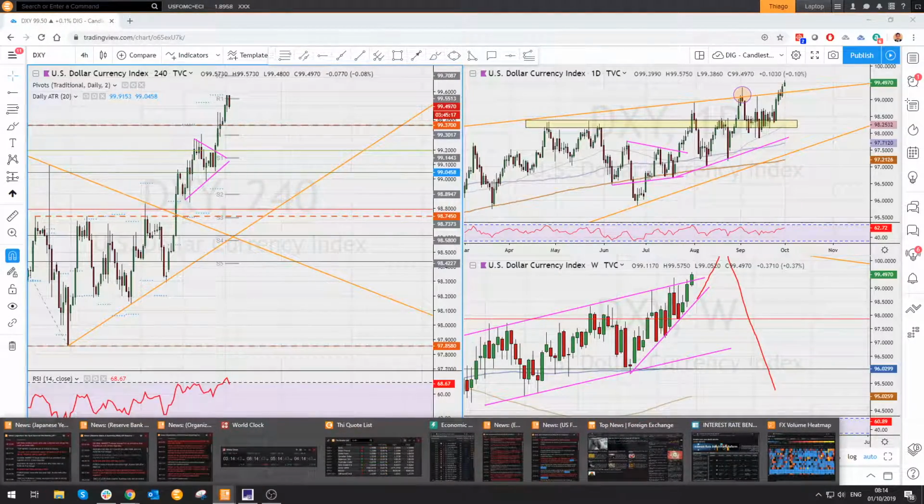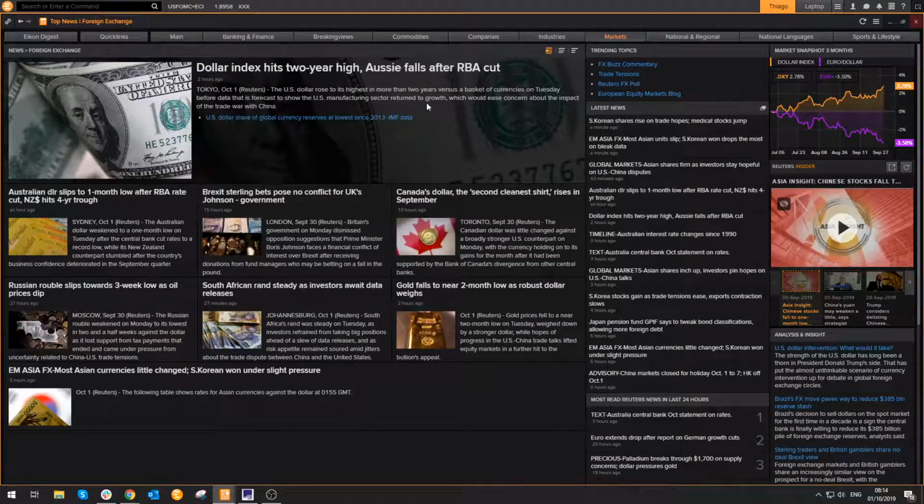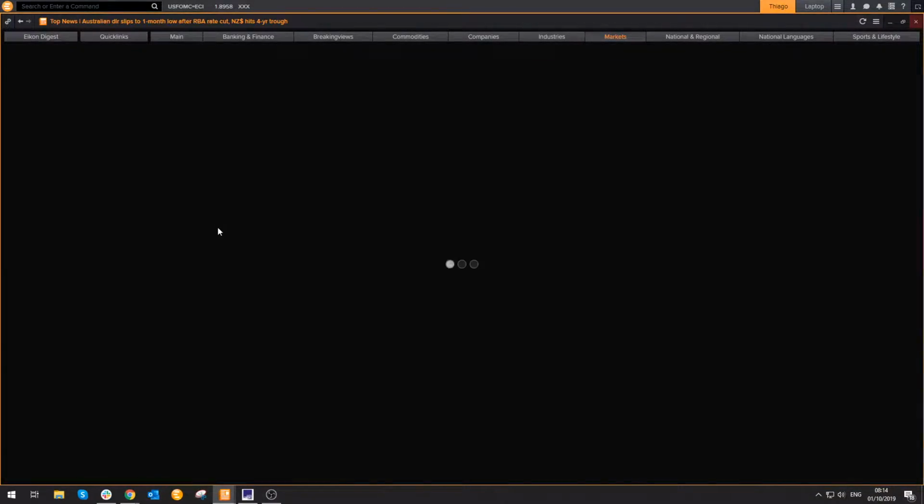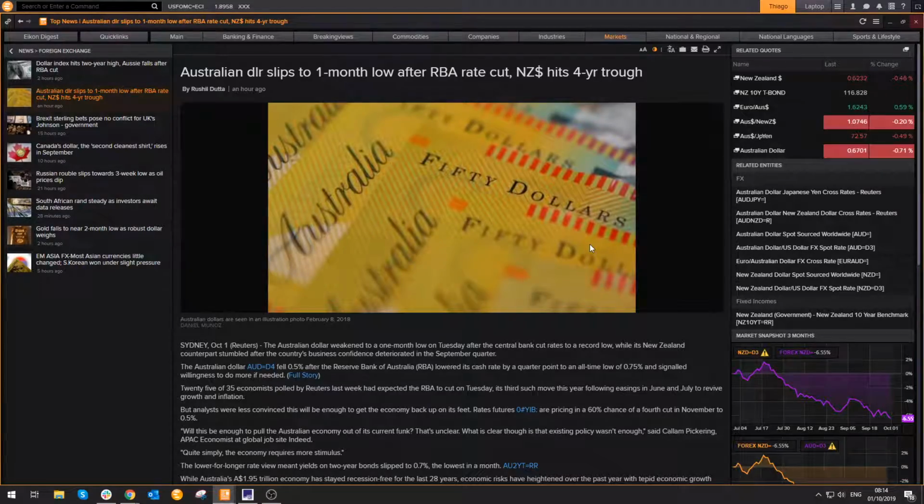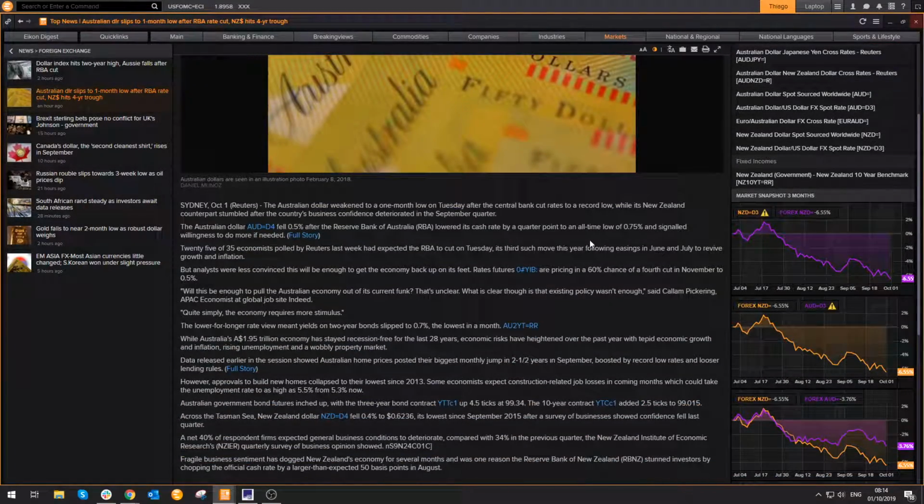Going back to the headlines, as you can see, the Australian dollar: we only had the RBA overnight, and they cut the interest rate to 0.75%.